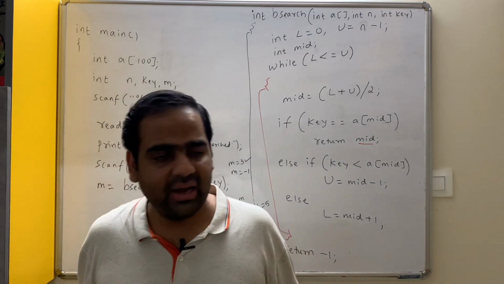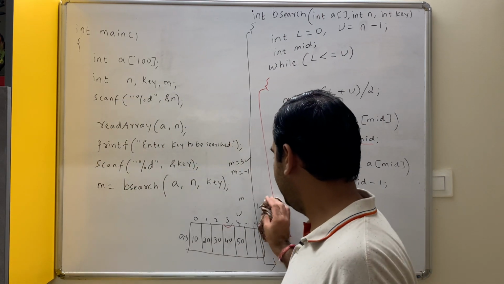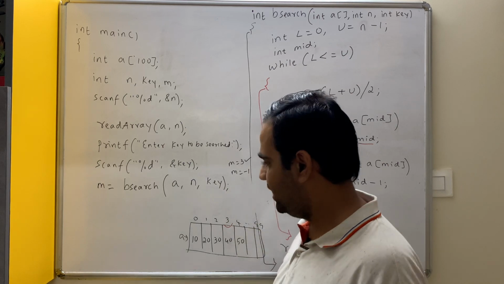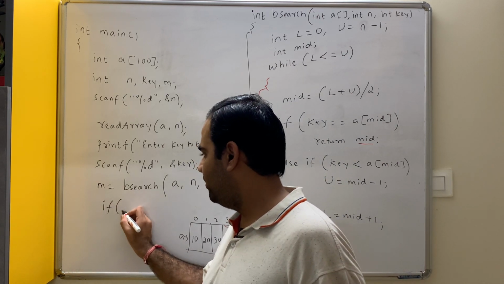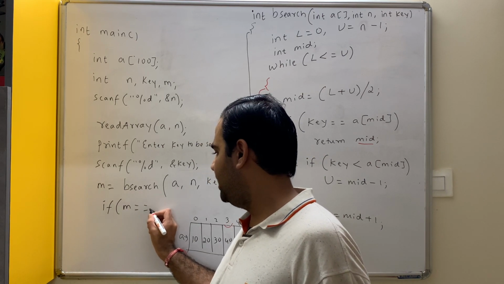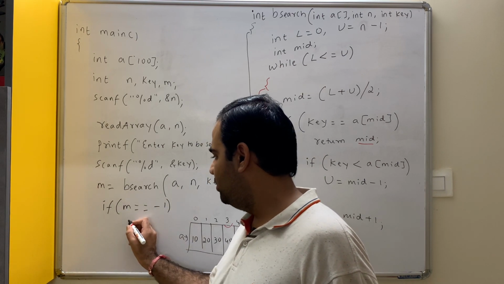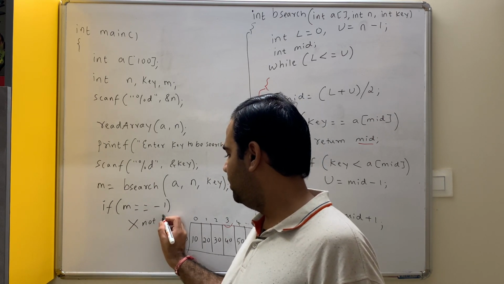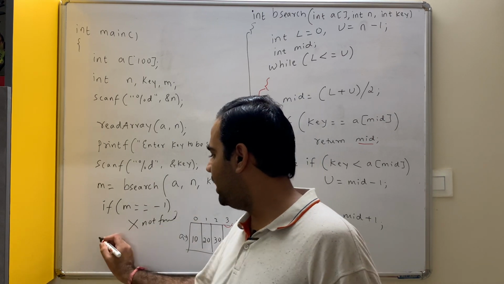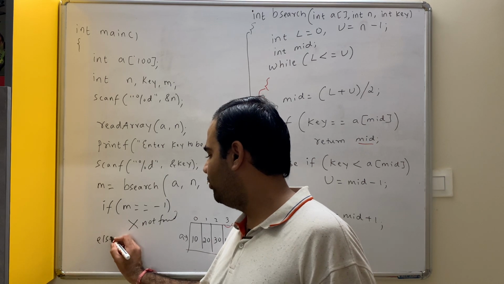Therefore, what is the next thing that I need to write in the main? Can anyone say? What is the next thing that I need to write in main? Yeah. If the value of m is equal to minus 1, you say printf key not found. Okay, else means what?